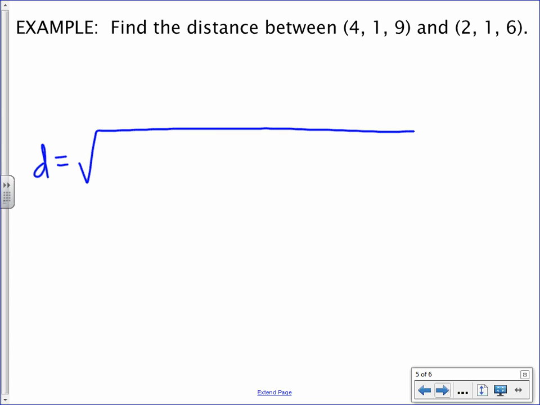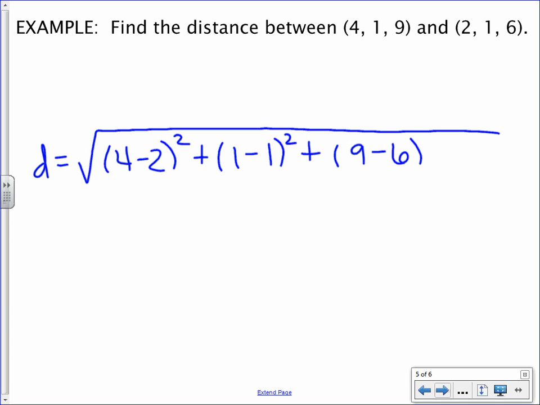So we have the square root of 4 minus 2 squared plus 1 minus 1 squared plus 9 minus 6 squared. 4 minus 2 squared is 4. 1 minus 1 squared is 0. 9 minus 6 squared is 9.